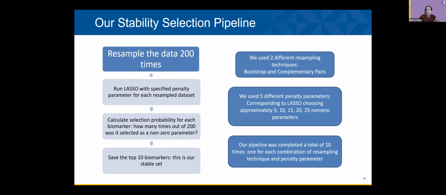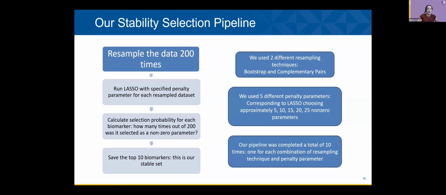In total, our pipeline was completed 10 times, one for each combination of resampling technique and penalty parameter. Since we completed this whole pipeline 10 times, we had 10 stable sets, and we counted which biomarkers showed up in the most stable sets.